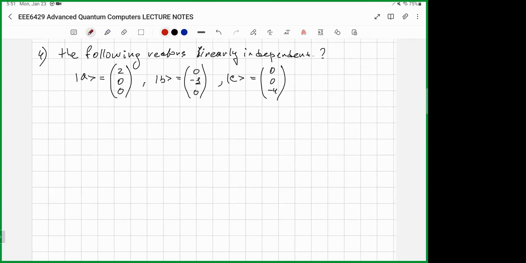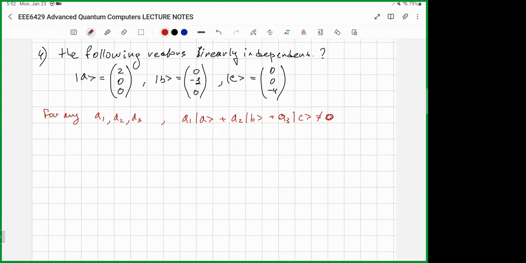But we know this definition for the vectors to be linearly independent, which says that for any constants, let's denote them by a1, a2, a3, if this expression holds, a1 a vector plus a2 b vector plus a3 c vector is not equal to 0, then the vectors are linearly independent.